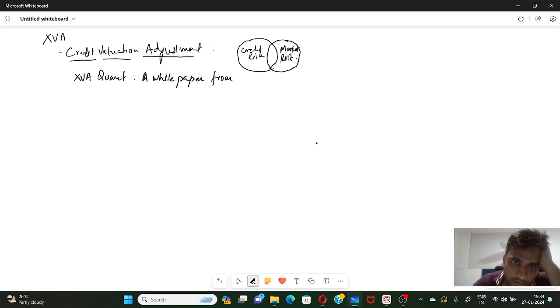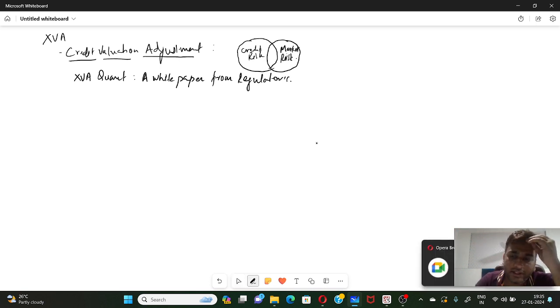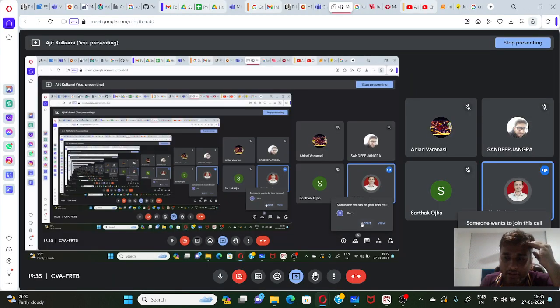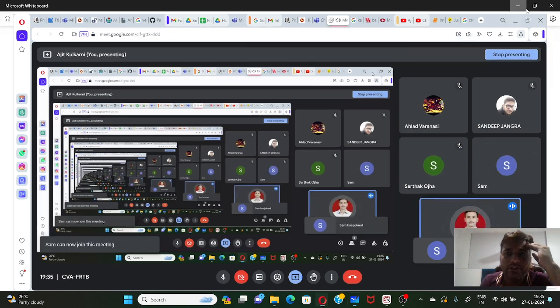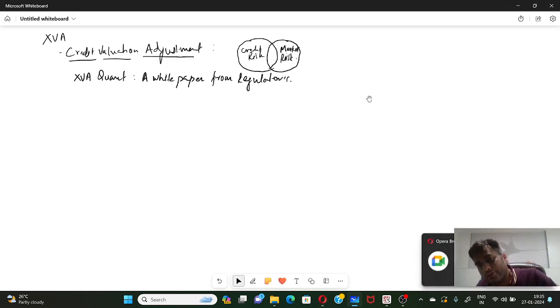That white paper will talk in detail about how to implement a particular methodology, for example CVA, how to implement it. Your job will be to understand that white paper, go through all the details of it, and implement it, because after you implement all the details, it will go back to regulators.